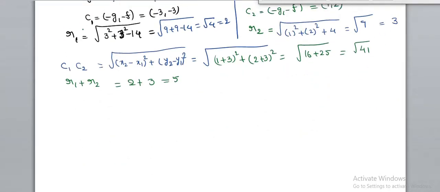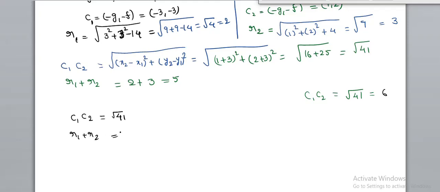So next, we will check the condition. Please observe, root 41 is the C1 C2 value. What is the nearest square root value? 6 sixes are 36, 7 sevens are 49. So nearest is 6. So C1 C2 value root 41, nearest value 6.